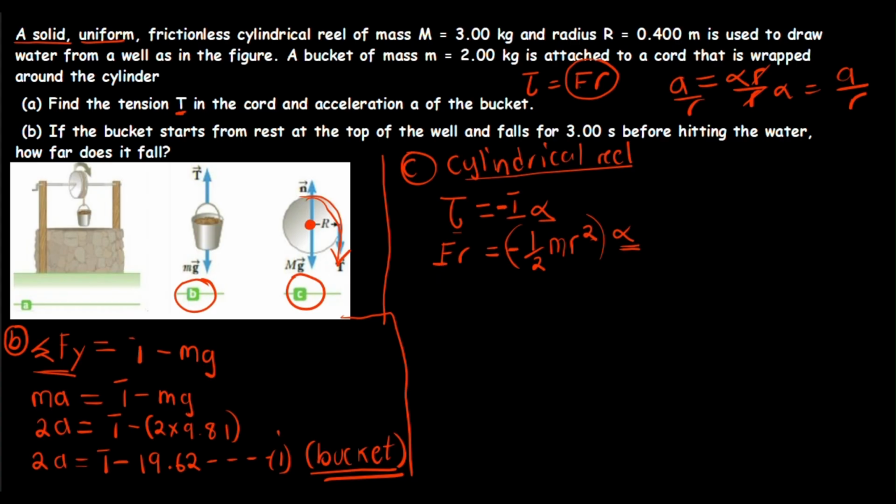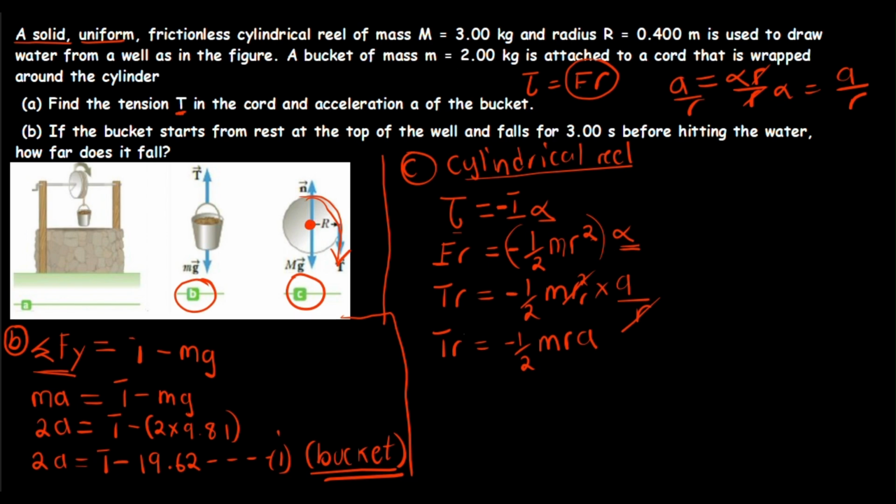Where there is force, it is tension, and I'll put tension there because that's what I'm looking for. So it is negative 1/2 times mass times radius times acceleration over radius. This radius and this radius cancel, and one R remains, so I will have TR is equal to negative 1/2 times mass times radius times A.